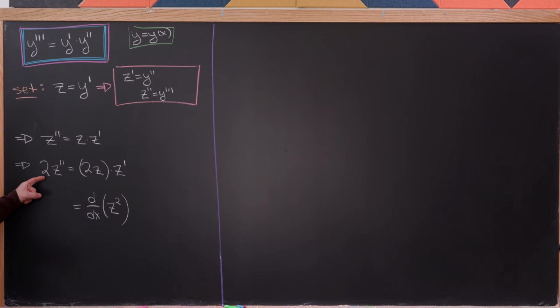Okay, well, can we do something similar over here? Well, yes, we can. We can write this as the derivative with respect to x of 2 times z prime, as the derivative of z prime is z double prime. But now look at what we've got here.